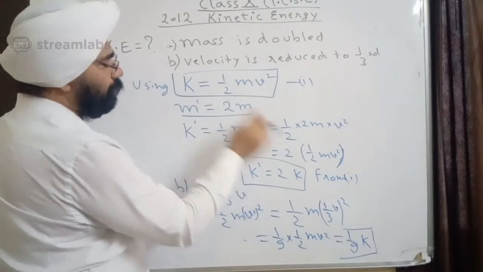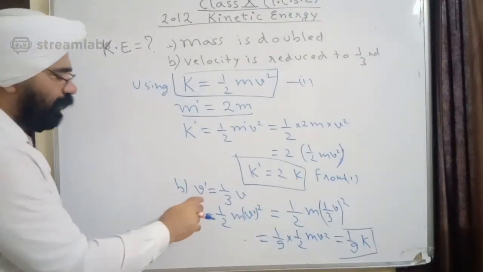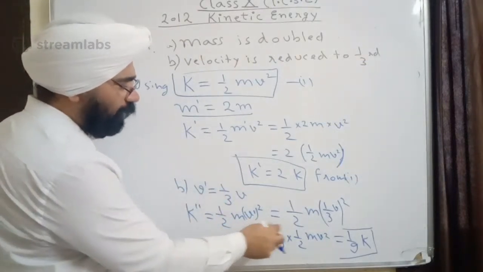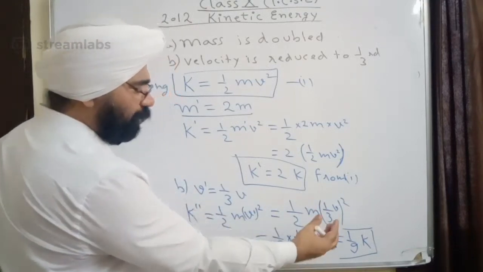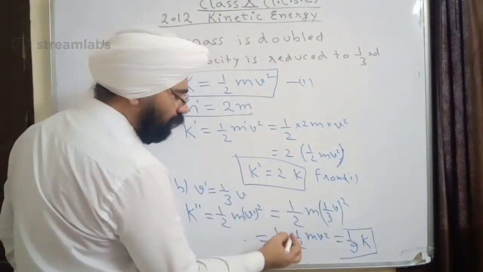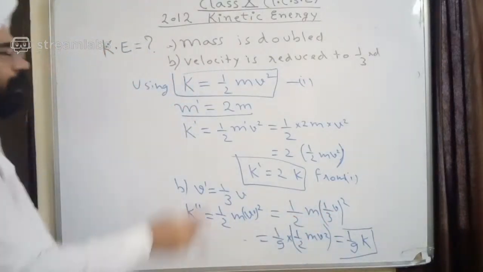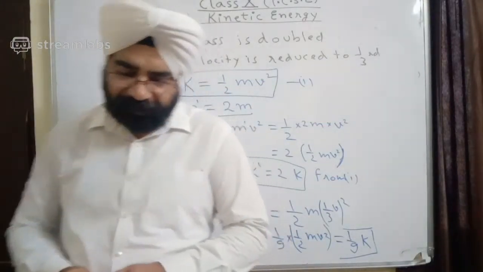Then I replace it by K, which means K dash is equal to 2K. Similarly, when I go to v dash, I again do the same thing. I replace v by v dash, which is 1 by 3. I square, then it becomes v square by 9. I pull out the 9 and keep everything else in the initial form. So I replace it by K from the first equation, and it becomes 1 by 9 K.